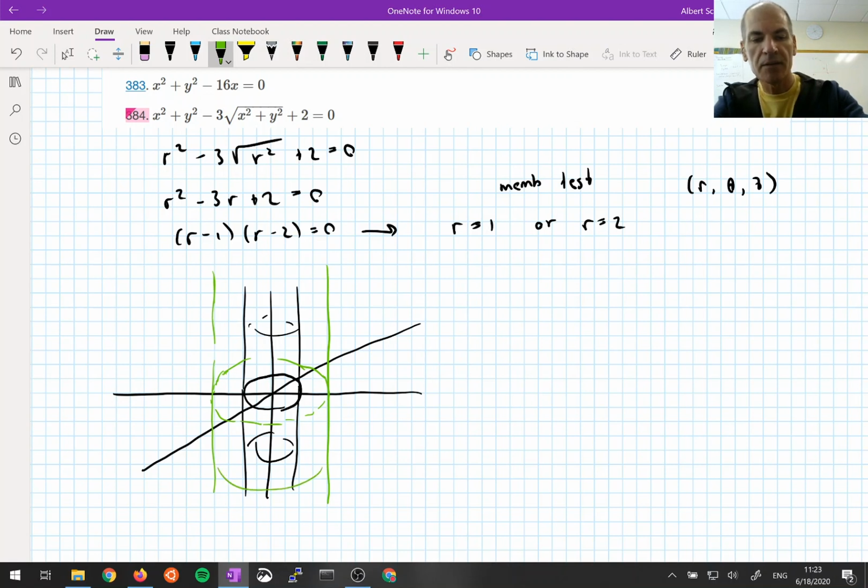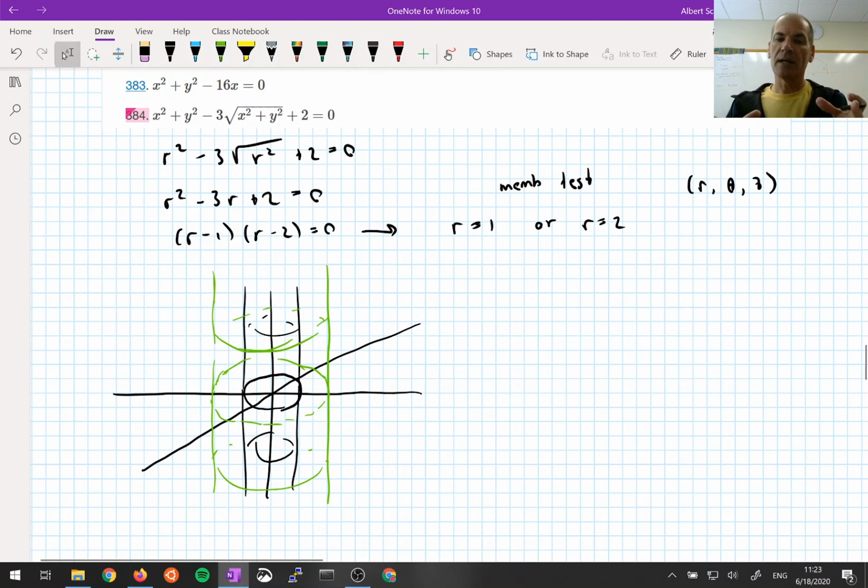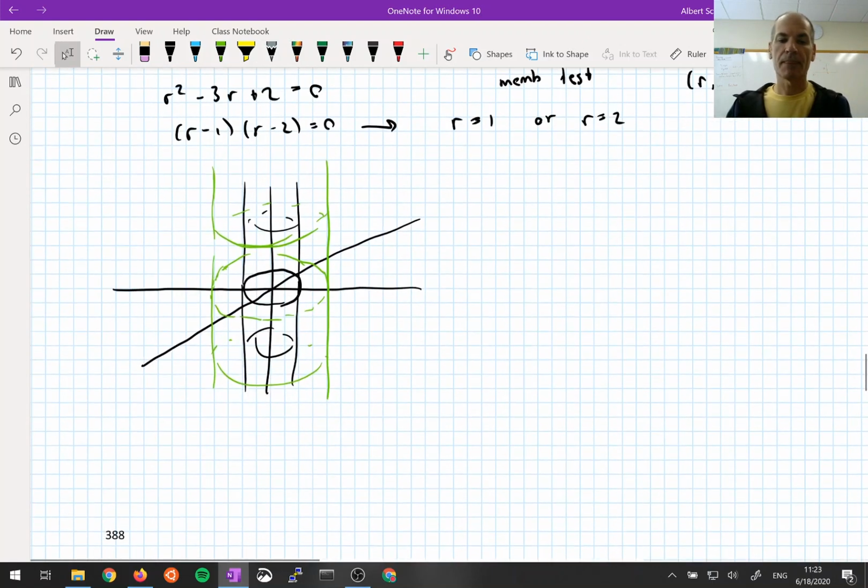And together, these two cylinders, the surface of the green cylinder, the surface of the black cylinder, together make up this surface. So staring at this, not at all obvious that this is a pair of nested cylinders, but in fact that's what's happening. Pretty cool.